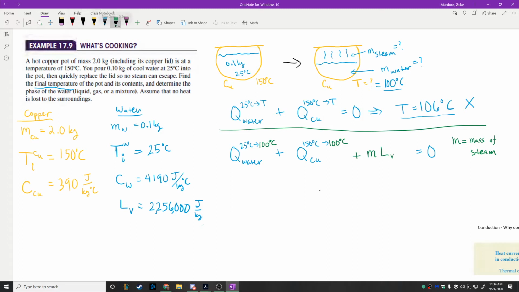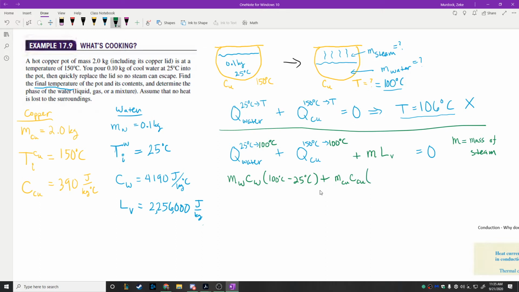So let's calculate these. We've got Q water, that's going to be the MC delta T equation. So we're going to have mass of water multiplied by specific heat of water times our temperature change, which is final minus initial, so 100 minus 25, plus, for this one again MC delta T, so mass of copper times the specific heat of copper multiplied by its temperature change.